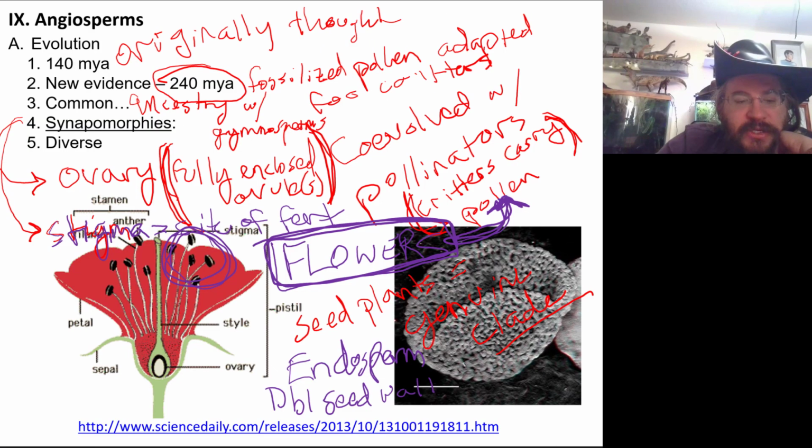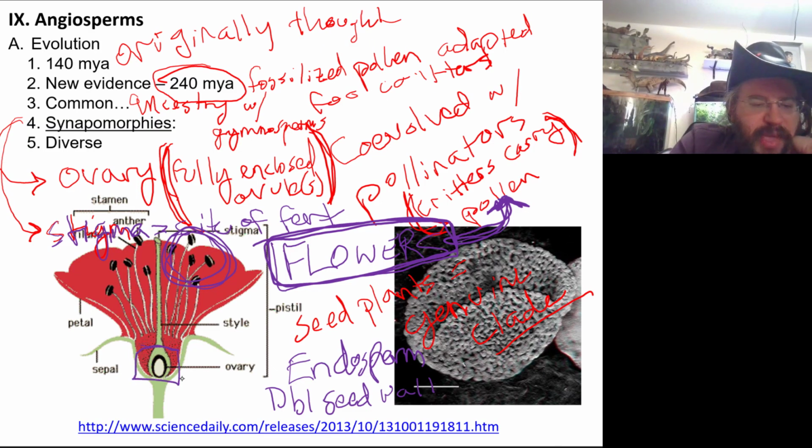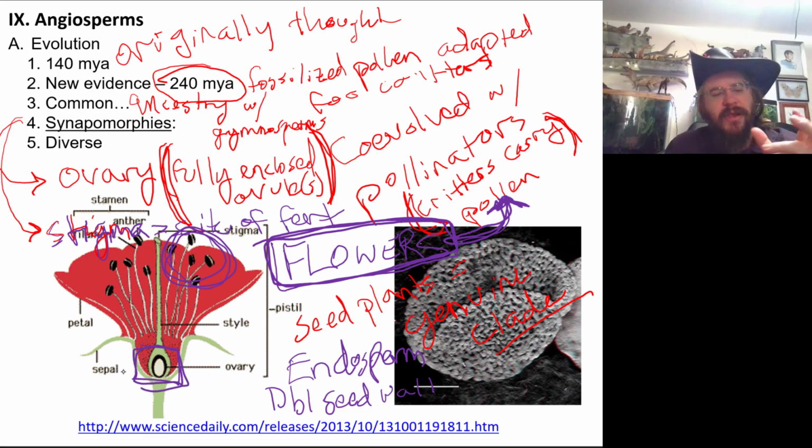By the way, you may notice in this diagram the ovary is down at the base, that sort of widened base of the flower where the flower meets stem. And if you've ever looked at the seeds of a flower, like if you've ever had a flower growing on your porch and it actually seeded, the seeds are down here at the base.